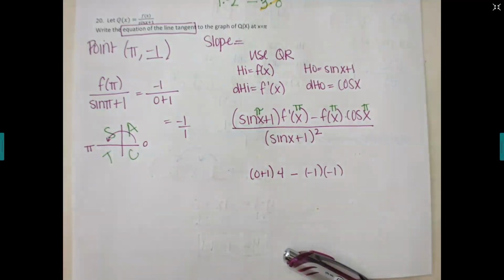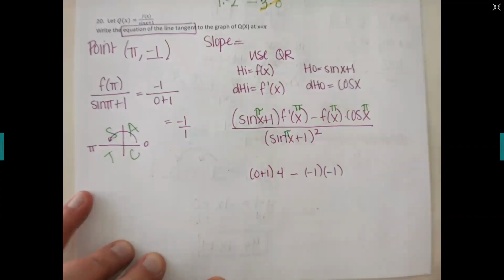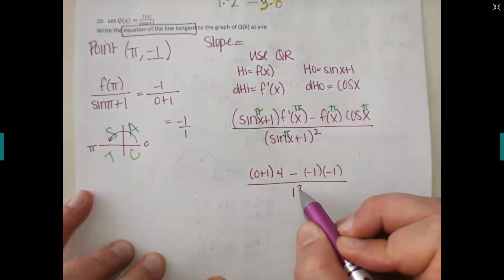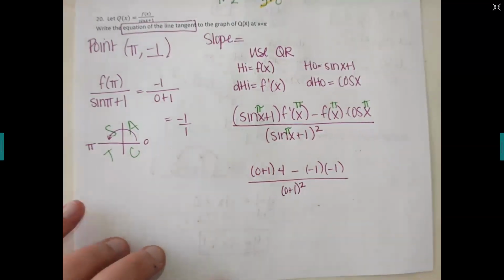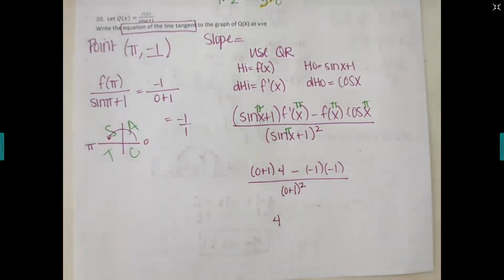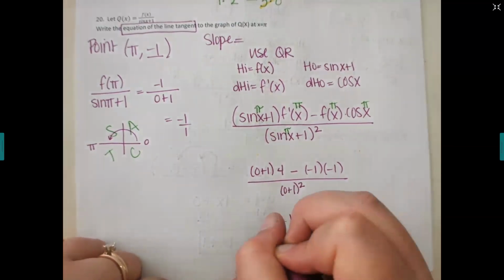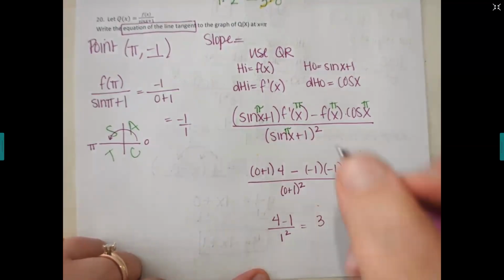Then across the bottom, we already know the sine of pi is 0. 0 plus 1 is 1, so we have a 1 squared on the bottom. From there, 1 times 4 is 4. Is this going to come out positive or negative when we're done? Overall, it's going to be negative. These two can cross out, but I'm still going to have the minus from right there. So that's a -1. What is 4 minus 1? 3 divided by 1 squared is 3.